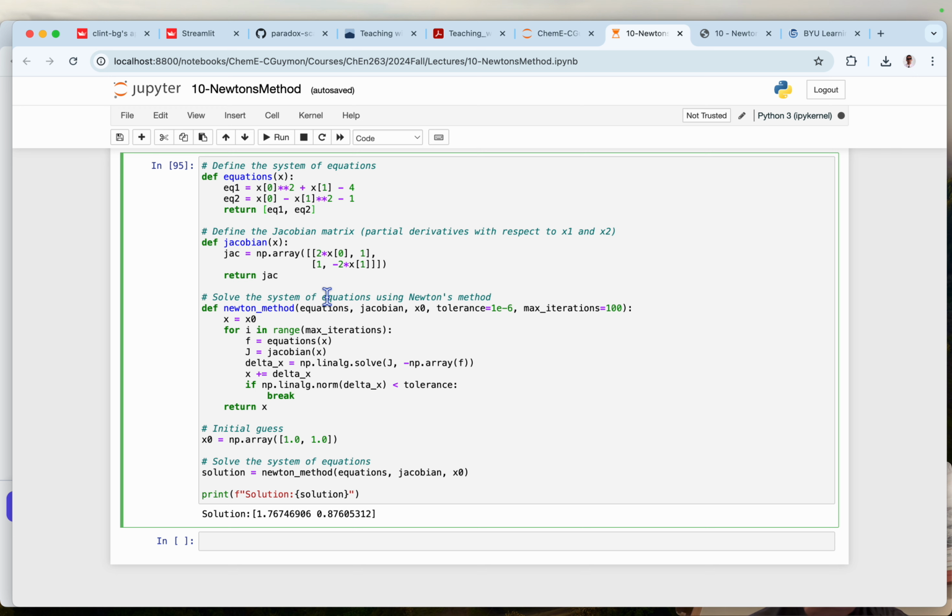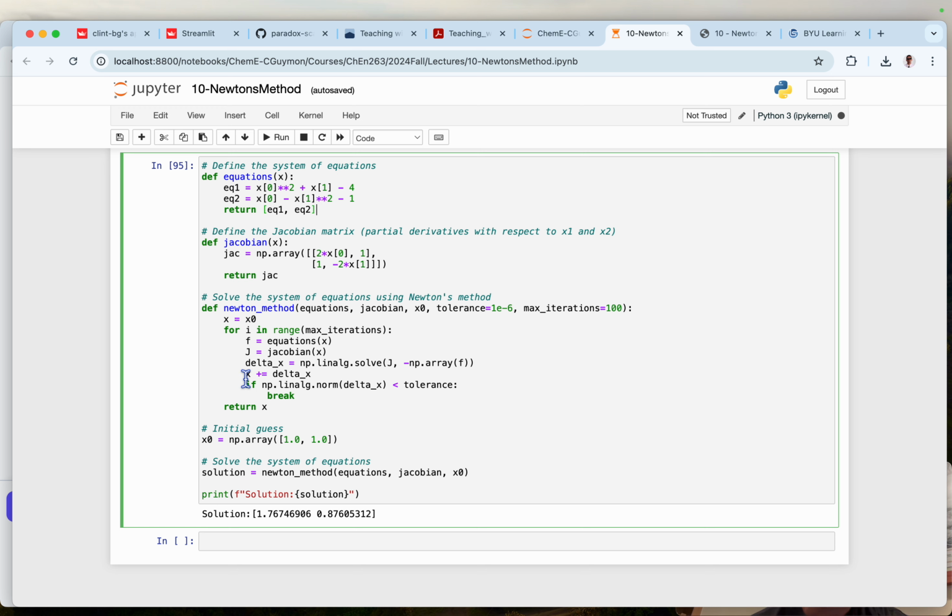Then you can use Newton's equation in the same way, but instead you have to solve, you have to invert the matrix. So this is just the derivative times some x equals the function value, and you're wanting that function value, these equations here, to be 0. So you give it a guess for your x values, and then this is approximating the step size.